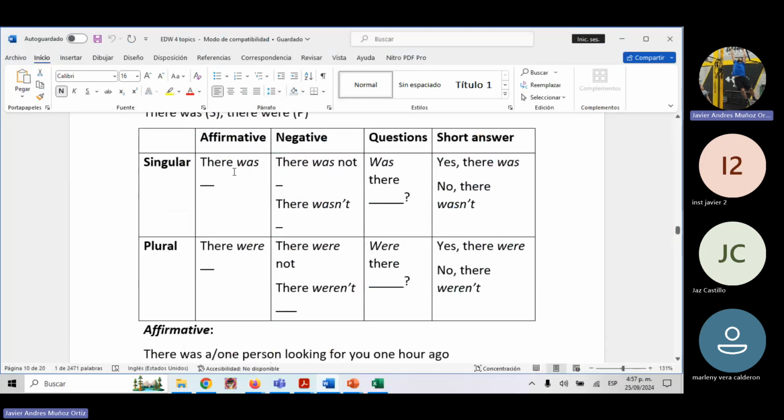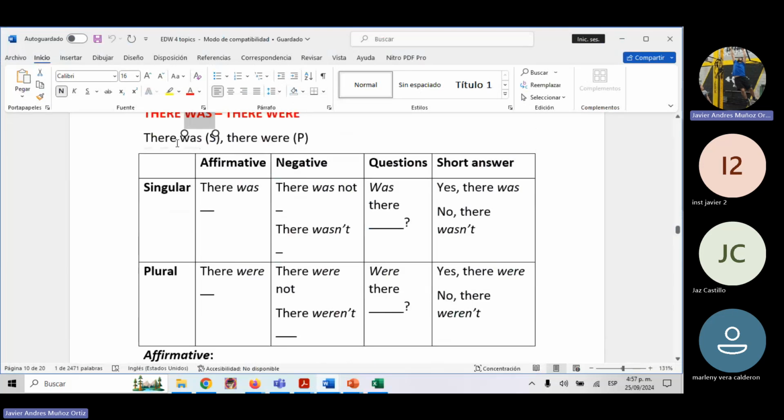So instead of saying once again I was, we use there was because the grammar is extremely similar. Once again, the only change is that we don't use a subject like he. Instead of that, we use there, and that's it in terms of grammar. But in terms of use, that's what I mentioned before, it means hubo. Hubo una pera, habían siete peras. There was and there were. There was for singular nouns, there were for plural nouns.